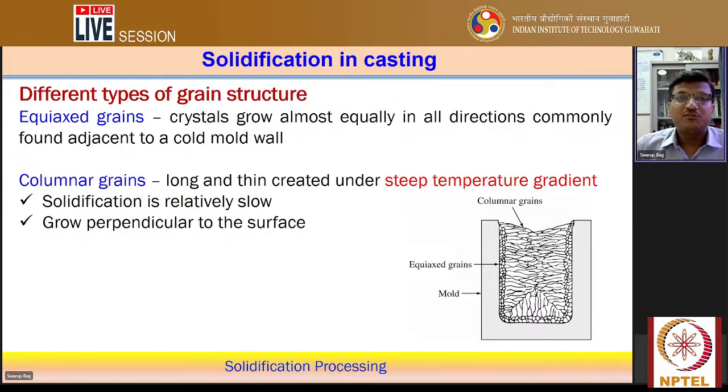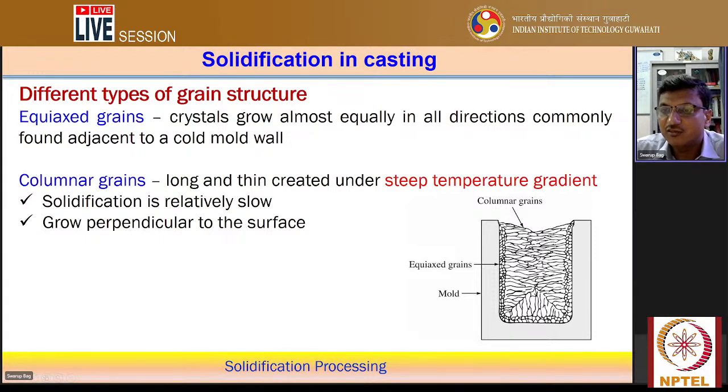Now, once we understand the different modes of solidification and the cooling rate effect on the structure, let us look at a practical cast structure. Among the different types of grain structure, in equiaxed grains the crystal grows almost equally in all directions, commonly found adjacent to a cold metal. This is the typical solidified structure in a casting process. For example, this is the mold wall and the liquid metal is poured here.